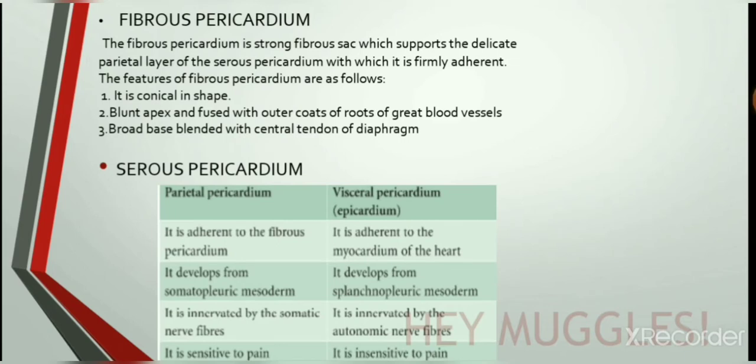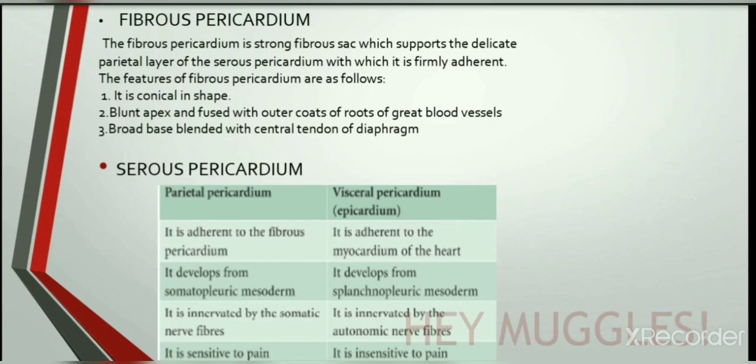So let's discuss the fibrous pericardium a little bit. Your fibrous pericardium is a strong fibrous sac which supports the delicate parietal layer of your serous pericardium. So what does that mean? Your fibrous pericardium is your outermost layer. It is a single layered structure made up of a strong fibrous sac.